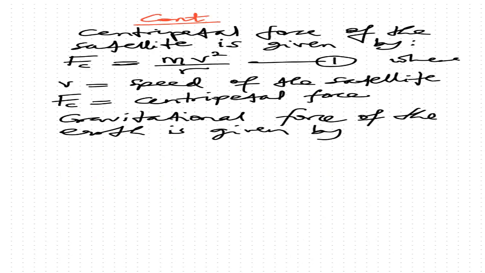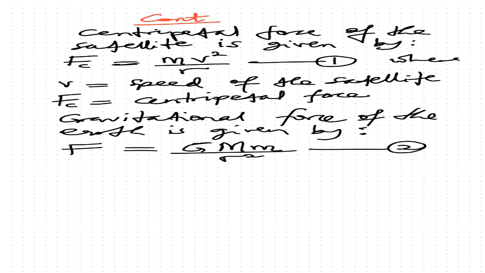The gravity is the same as the gravitational force, so you shouldn't get confused with this one. So F equals G capital M small m over small r squared. Let me call this one equation 2.